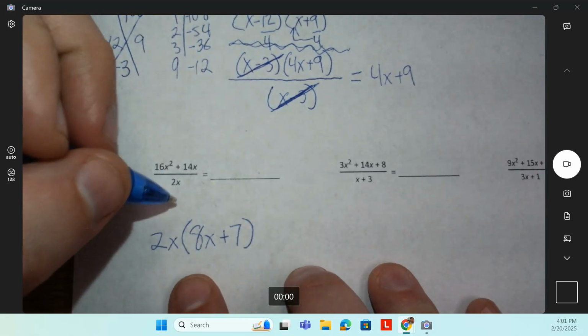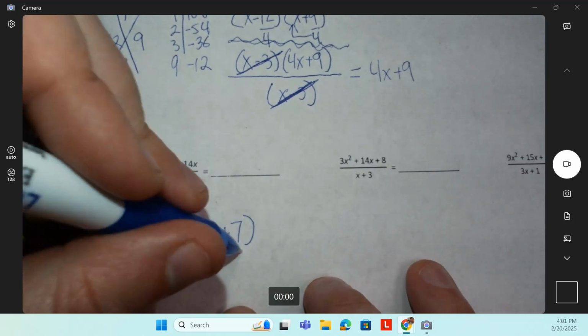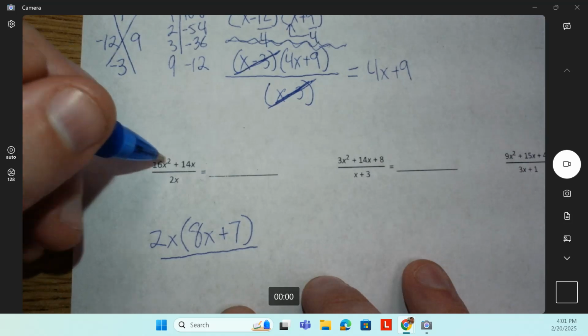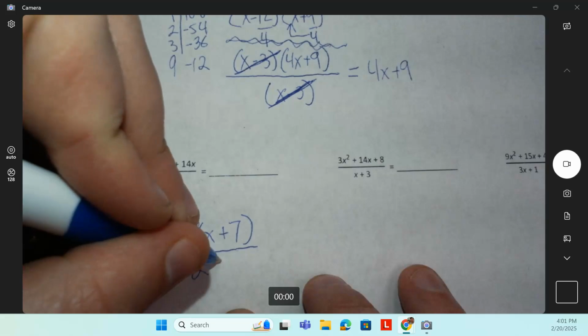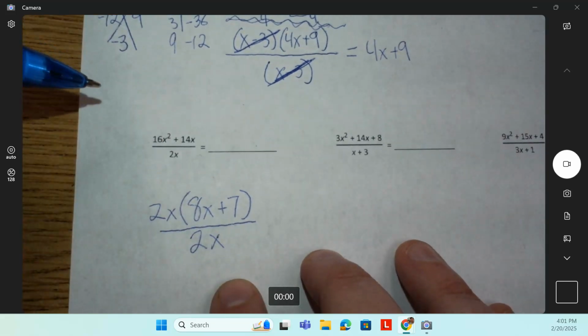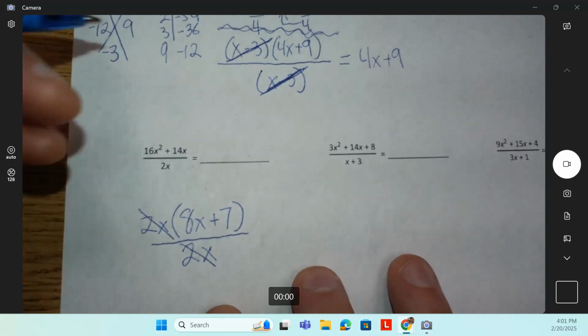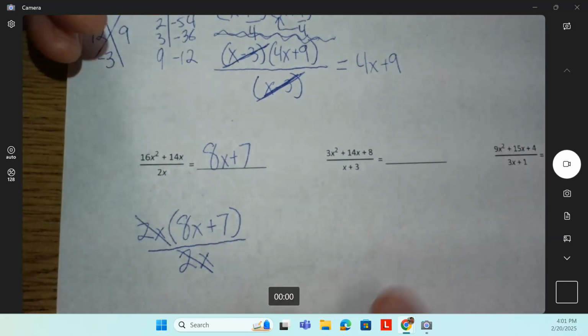If I multiplied that 2x back in, I'd get to the same thing. We'll rewrite it as our fraction. When we do that, those cancel, and I end up with 8x plus 7.